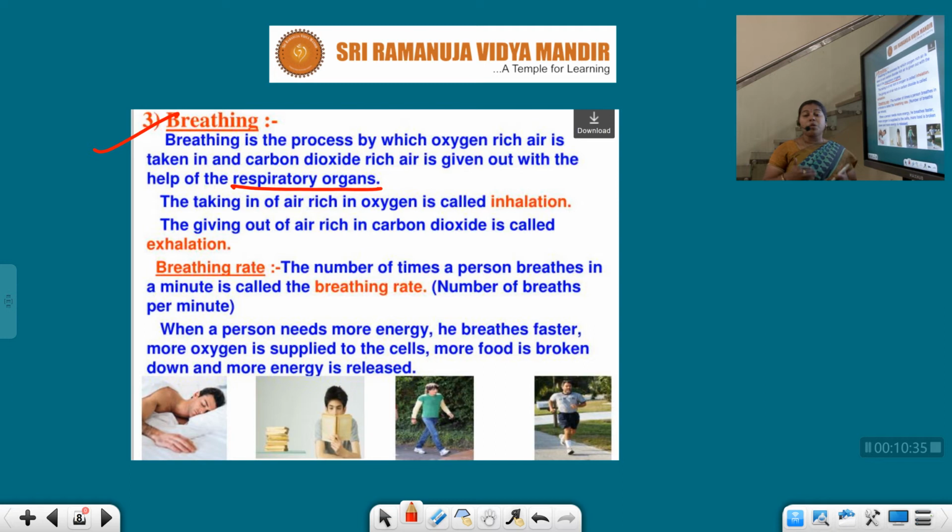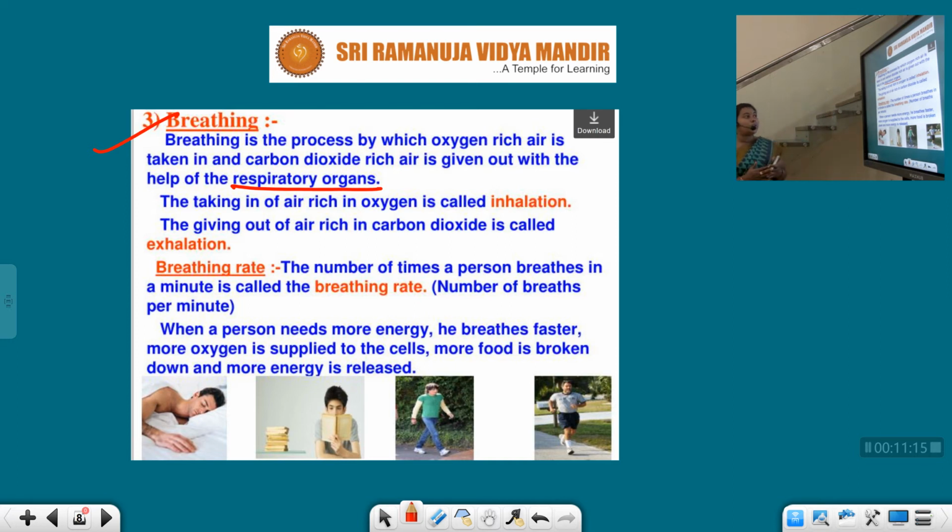Whatever oxygen we take into the body goes first through the nasal nares and nasal cavity, then enters the windpipe, that is the trachea, and then the lungs. In the lungs we have the alveoli. There we can see the exchange of oxygen and carbon dioxide, meaning oxygen is added to the blood, and the blood gives out carbon dioxide. That is the breathing procedure. We are inhaling oxygen and exhaling carbon dioxide.